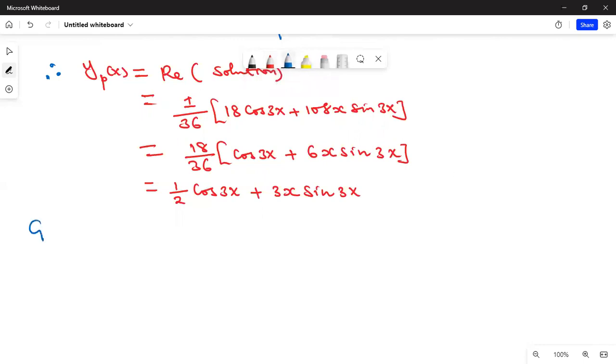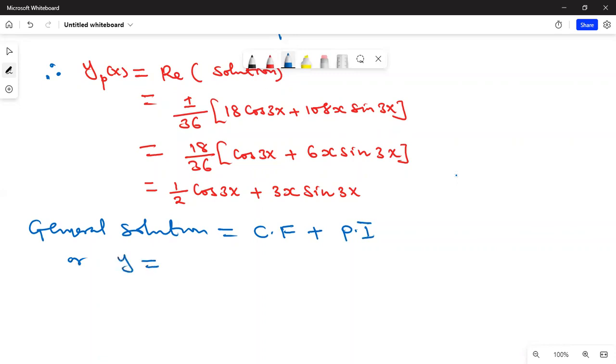And now we can get our general solution. General solution is equal to complementary function plus the particular integral, or y is equal to yc plus yp. Let me replace them. Y is equal to, what was our yc?